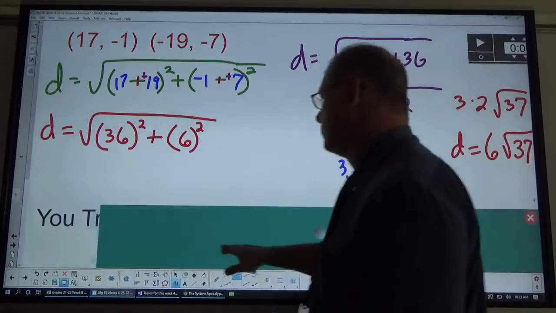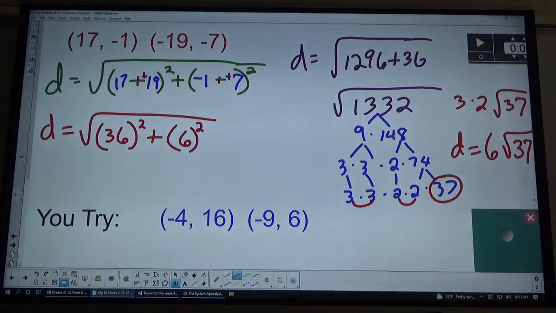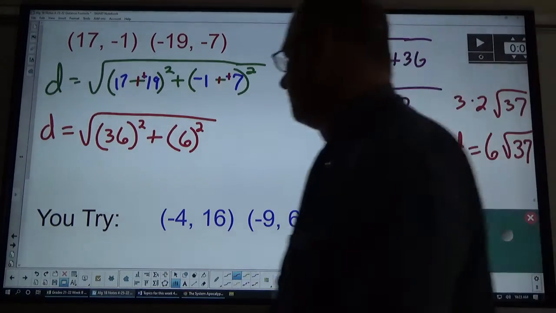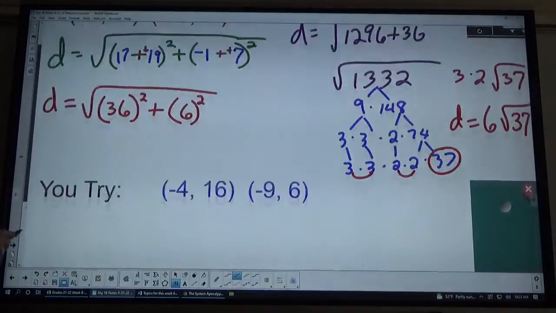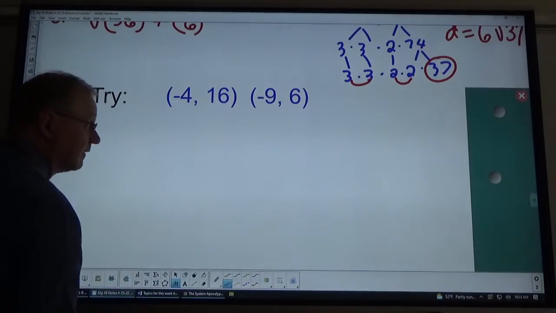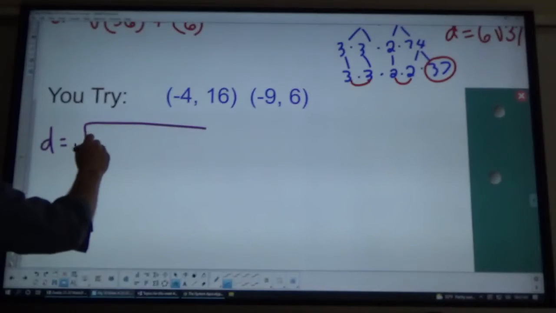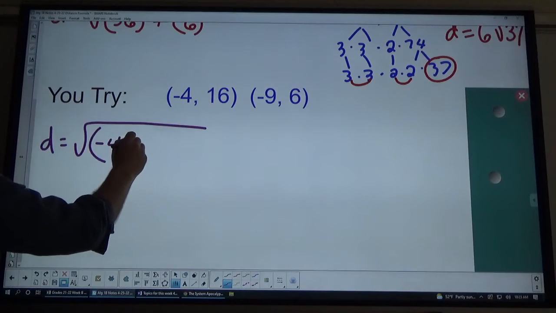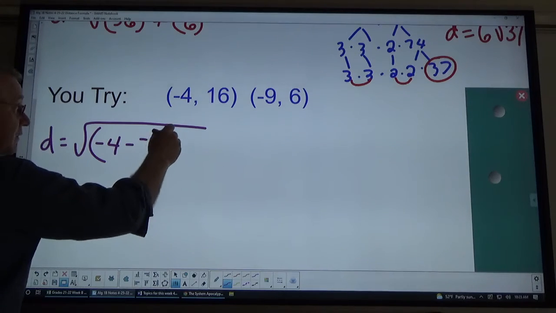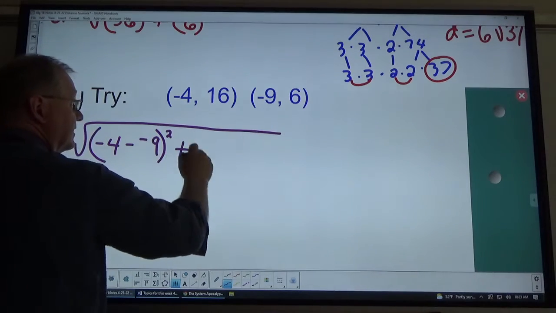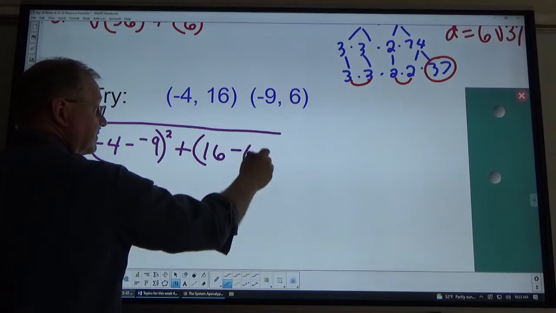All right, you try this one, pause it and try it, then unpause and we'll see how you did. Negative 4 minus negative 9 squared plus 16 minus 6 squared.